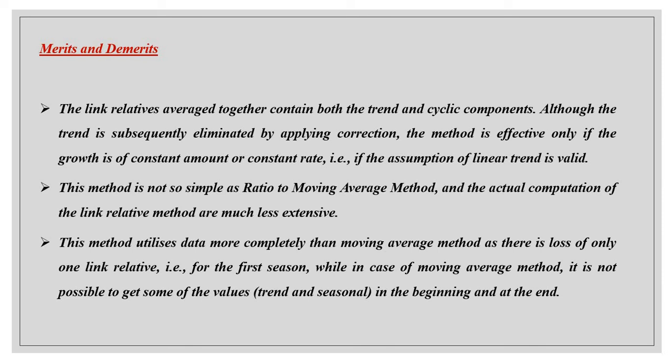This method is not as simple as the ratio to moving average method, and the actual computations are more extensive. This method utilizes data more completely than the moving average method, as there is loss of only one linked relative, that is for the first season, while in the moving average method it is not possible to get some of the trend and seasonal values in the beginning and at the end.